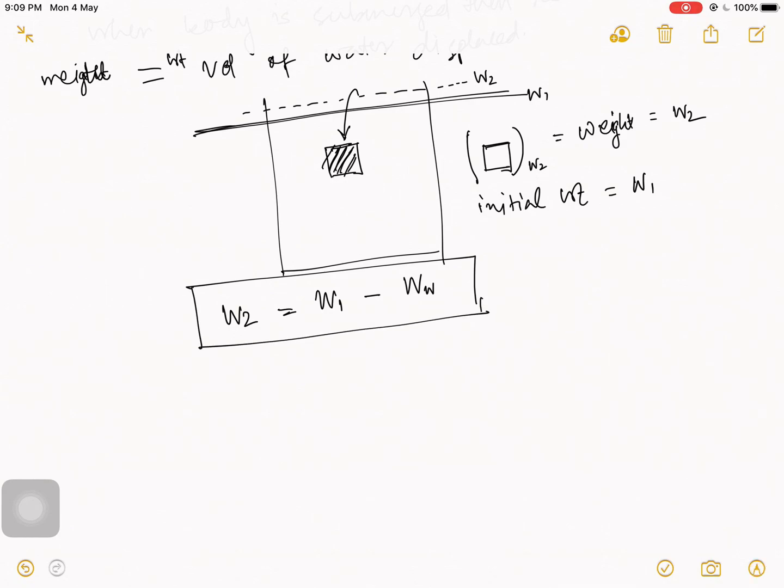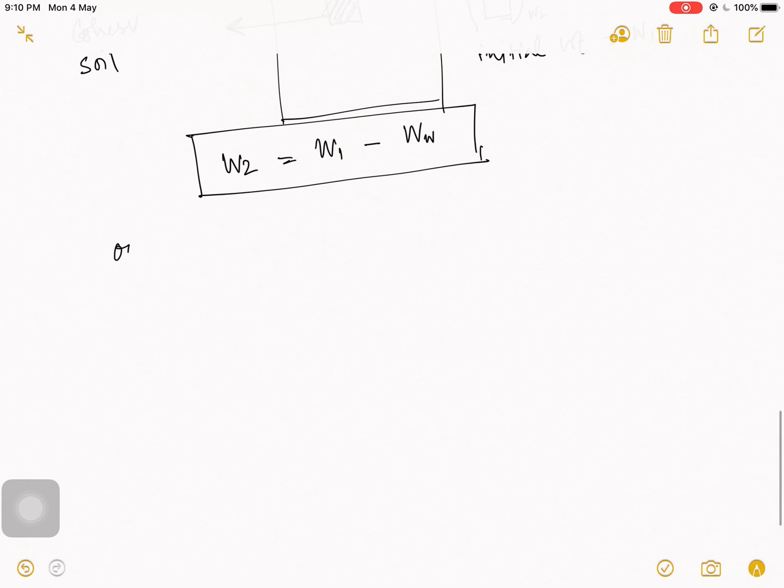Number 2, this test only happens for cohesive soil. What is our aim?